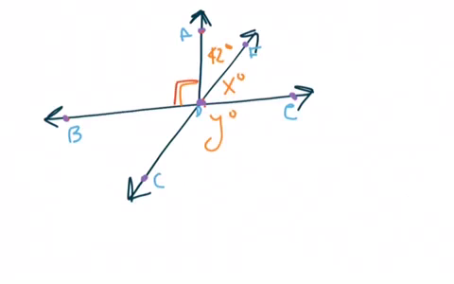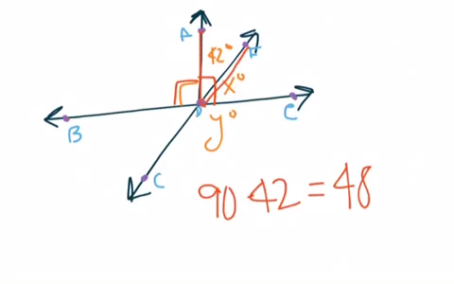So we're trying to find X and Y. The first thing is, let's find X. So I know that this angle right here is going to equal 90 degrees. We already know that this angle right here is 42 degrees of it. So let's do 90 minus 42. It's going to equal 48. So X is going to be 48 degrees.